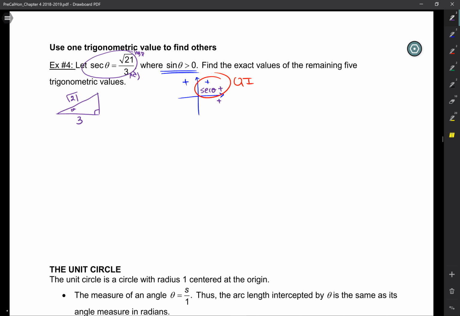Okay? That means we're missing that side x, but we can find it, because x squared plus 3 squared is 21. So x squared is equal to 12. x is root 12, which is 2 root 3.